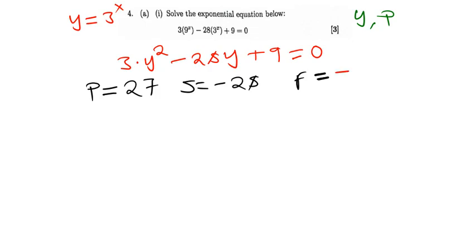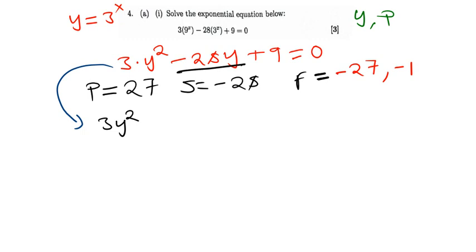In this case most likely we're supposed to work with negative 27 and negative 1, so that if you multiply them they give you positive 27, you add them they give you minus 28. So we're just going to get back our function there and then we'll substitute. So 3y squared, now the sum is going to be represented by factors. Of course the factors, you add the same variable we're working with, y, and then minus y for minus 1.